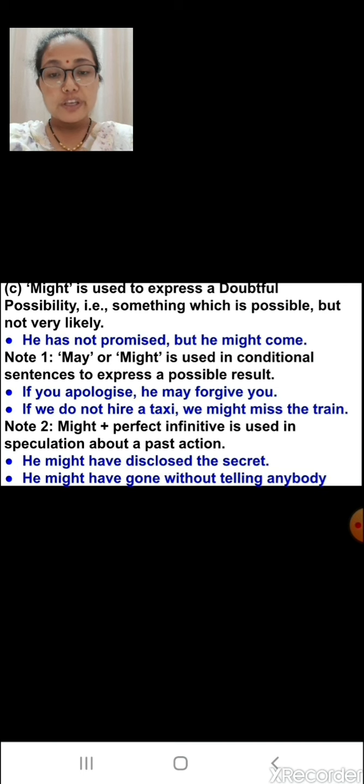If we do not hire a taxi, we might miss the train. Might plus perfect infinitive is used in speculation about a past action. For example, he might have disclosed the secret. He might have gone without telling anybody.